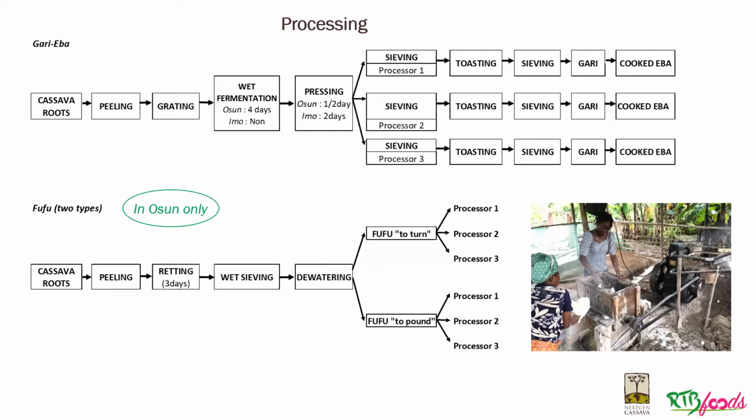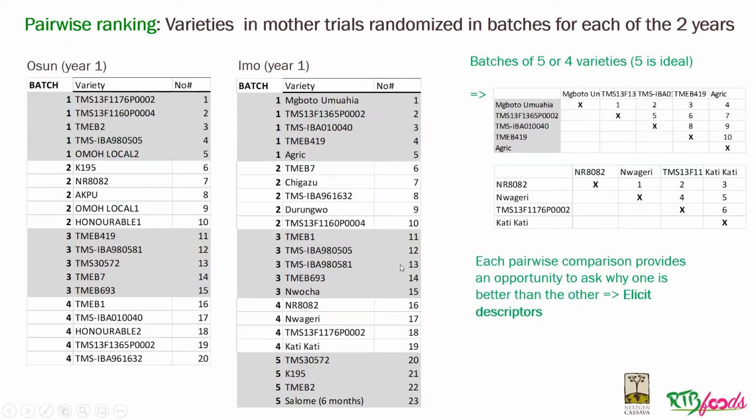So you have different combinations, and we had 3 replications. So we had 3 processors processing all the varieties. And for the fufu, we had a similar situation where you have 2 types of fufu, and also 3 processors processing all the varieties.